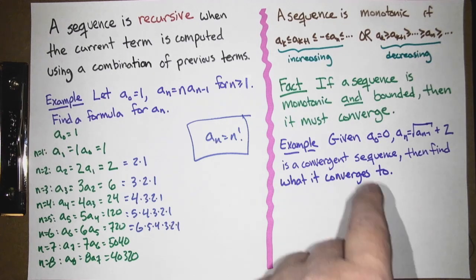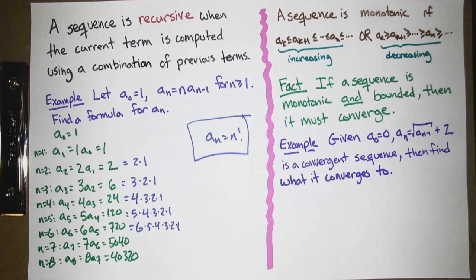Okay. So, what's the nice fact? Well, if a sequence is monotonic, so in other words, it's always going up or always going down, and bounded, which means I can't pass a certain threshold, then it must converge. It has to converge to something. Now, the reason this is nice is because we're going to get into series in just a few minutes, and we are going to be faced with a problem.